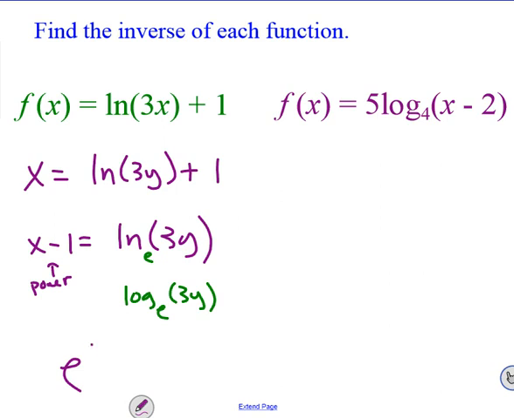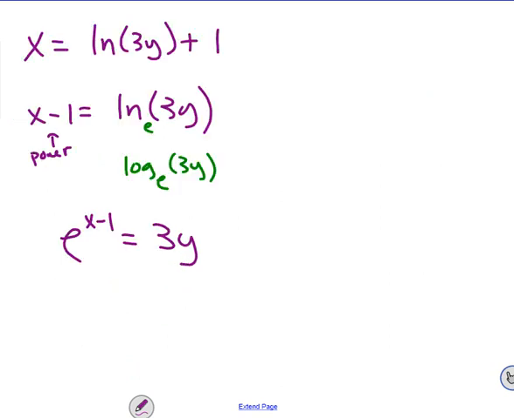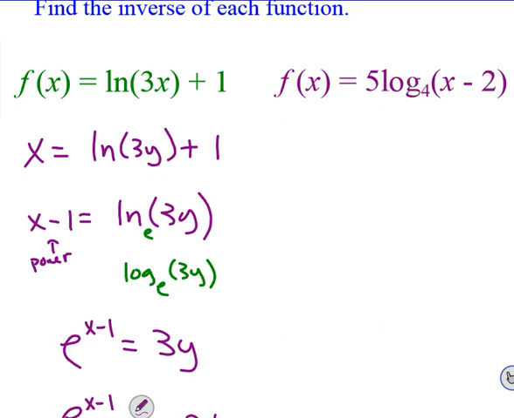So I take the base to the power and I get that 3y. Last undo is to divide by 3. So e to the x minus 1 over 3 is y, which is my inverse function for the logarithmic function that I started with.